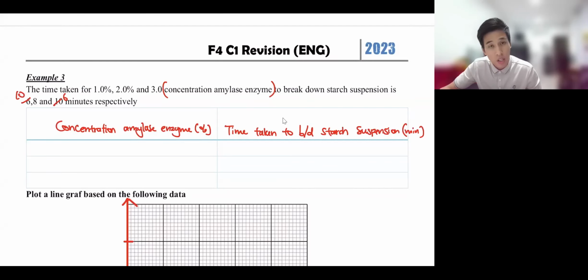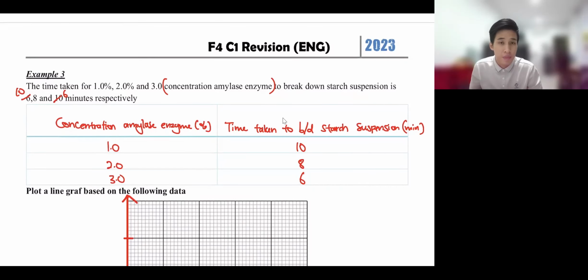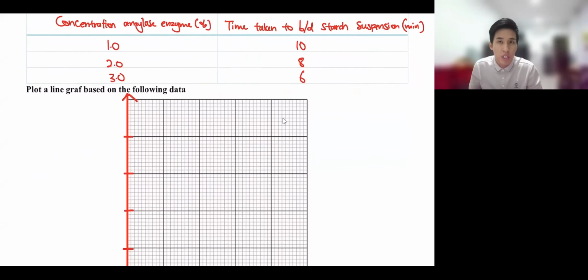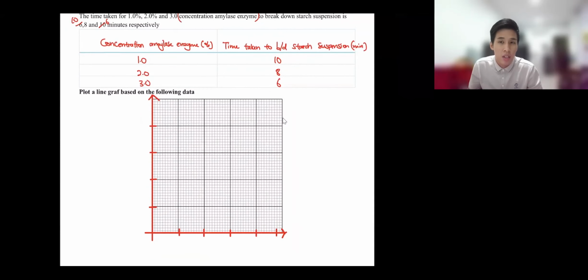Okay, so 10, 8, 6, 1.0, 2.0. Just follow the thing. Can you guys do this yourself also? Make it quick. It's so easy, this one.